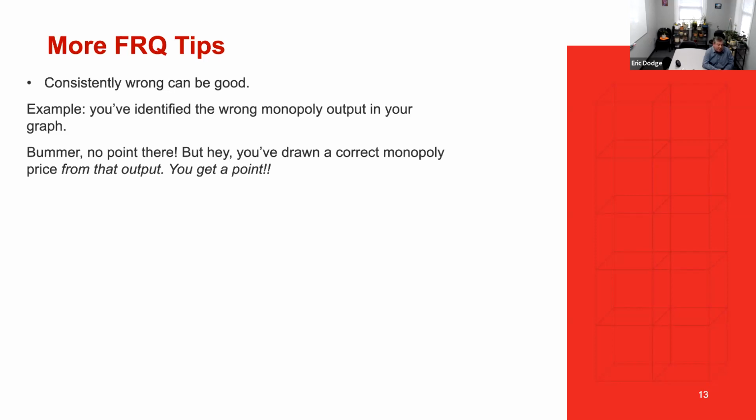And if you put that price correctly from the wrong output, you can get that price point. And in fact, you can get several other graphing points, like shade the area of consumer surplus, identify the area of economic profit, stuff like that. The idea here in the rubric, to keep it flexible, is that incorrectly getting off to the wrong start doesn't completely bomb your FRQ.